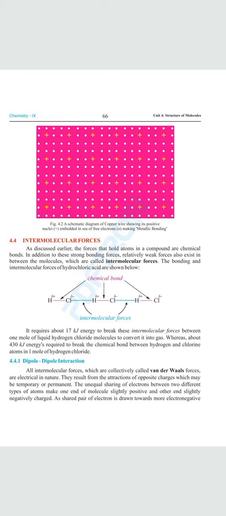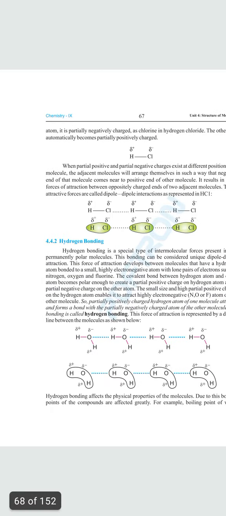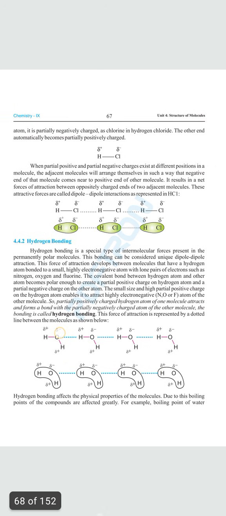If two atoms make a bond, it is established due to the sharing or give and take of electrons. When the shared pair of electrons is drawn toward the more electronegative atom, that end becomes partially negatively charged.